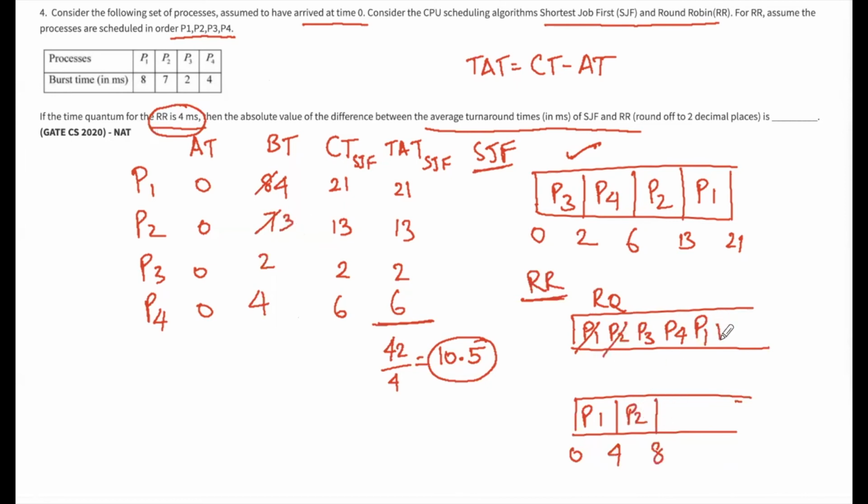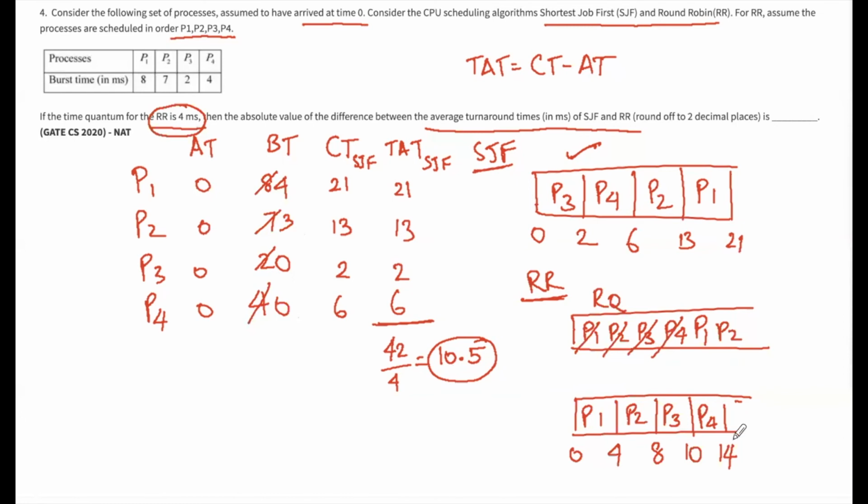Then again, I'll append it. Then for P3, right? P3's burst time is 2 milliseconds only. So this one becomes 10, and here it becomes 0. Then I'll remove P3 from the ready queue. Next, I'll schedule P4 for 4 milliseconds, right? So it becomes 0, so I can remove it from the ready queue.